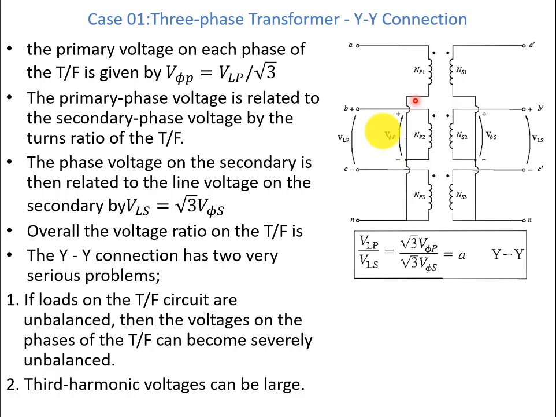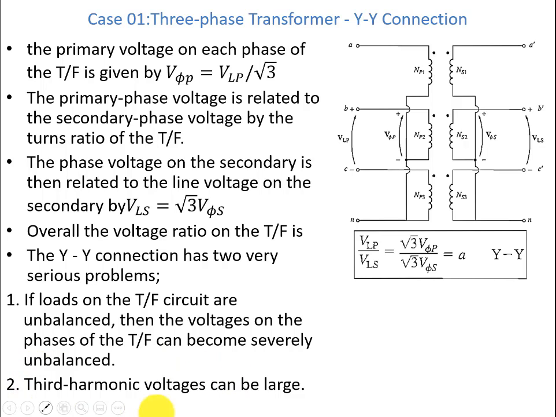If we have a system of 50 hertz, the third harmonic frequency will be 150 hertz, and if it is a 60 hertz system, the third harmonic frequency will be 180 hertz. So the third harmonic is simply a multiple of the fundamental, 60 or 50.